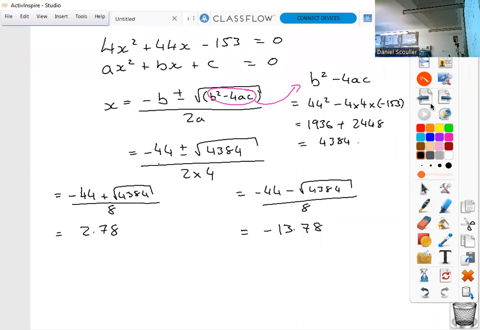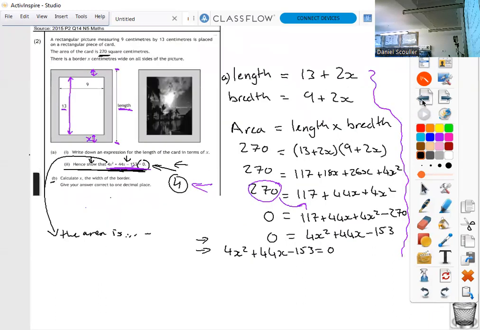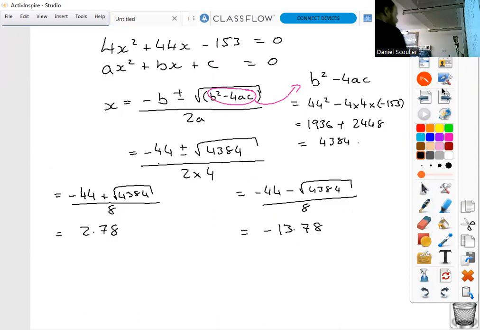So we've got 2 possible solutions. Now look at the question. We've worked out values for x. Okay, so by factorizing it, we've worked out potential values for x. Now, x in the question is the thickness of that border.